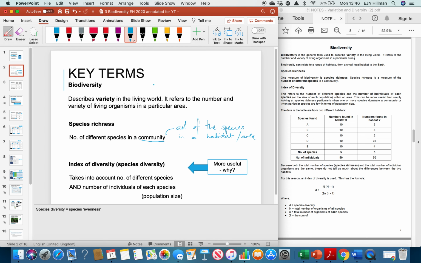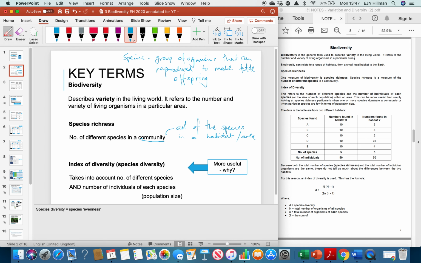Just as a reminder, a species is a group of organisms that can reproduce to make fertile offspring.